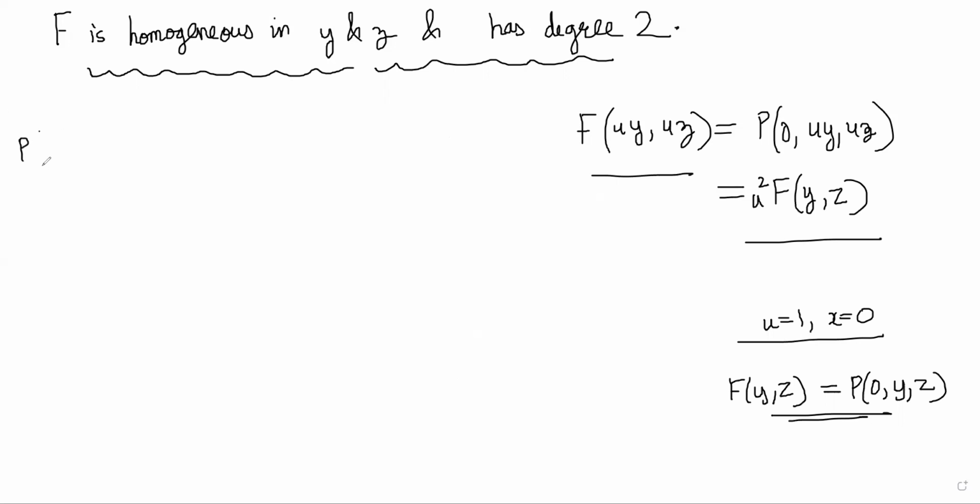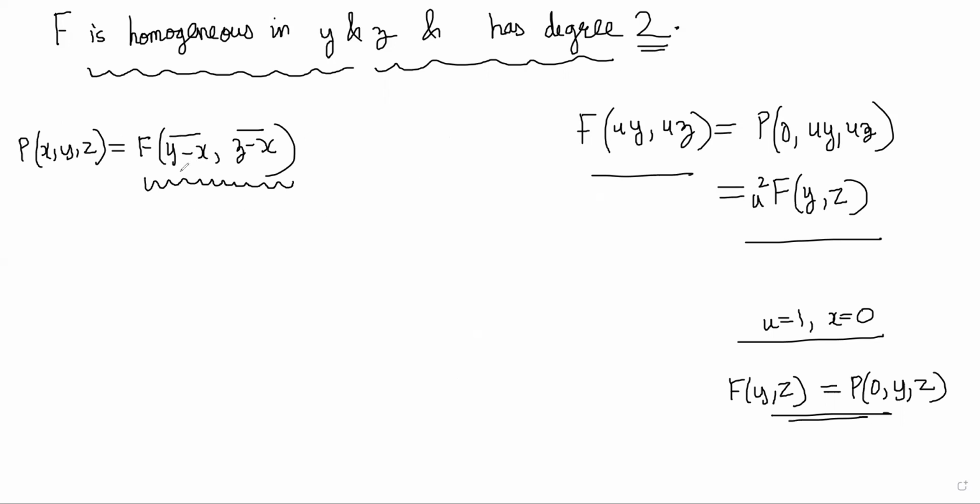Now, if p(x, y, z) was written as f of (y minus x) and (z minus x), think about it. How can you make a homogeneous polynomial like this? F is a function of y minus x and z minus x, and it has to be homogeneous with degree 2, right?